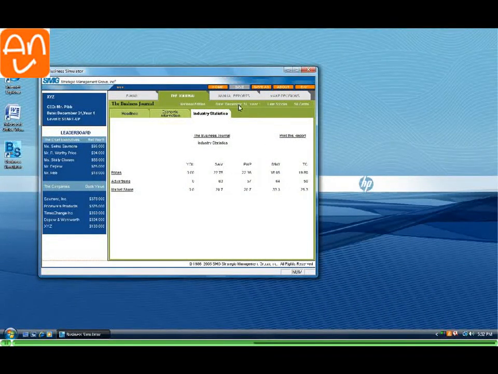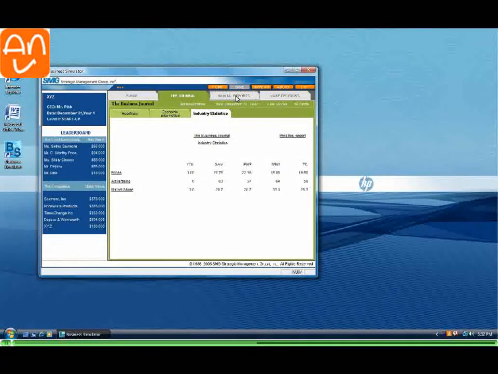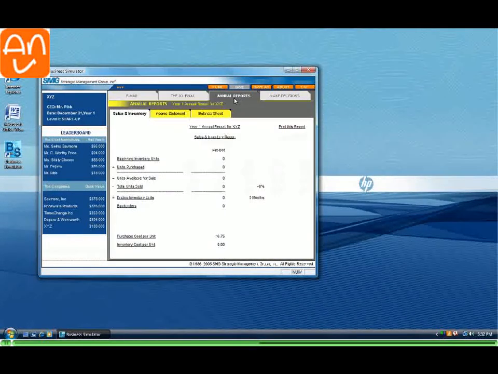Okay, the next tab is the Annual Report tab. And this gives your company's operational data and financial data for the past year, including the sales and inventory report and your financial statement. The sales and inventory report indicates how many units you sold.